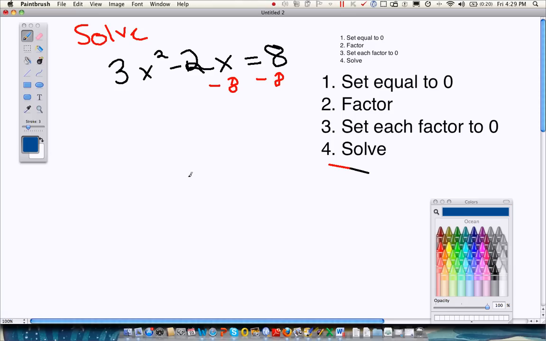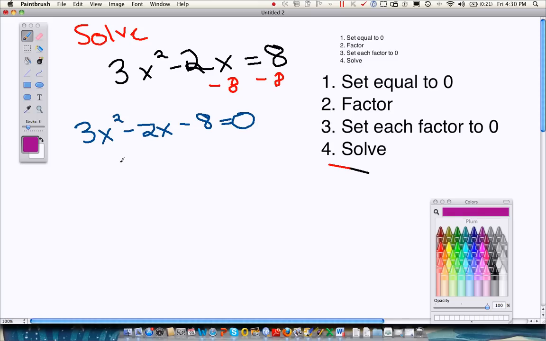You cannot combine an x squared with an x. So actually we're just going to write this on the end. We're going to have the 3x squared minus 2x minus 8 equals 0.